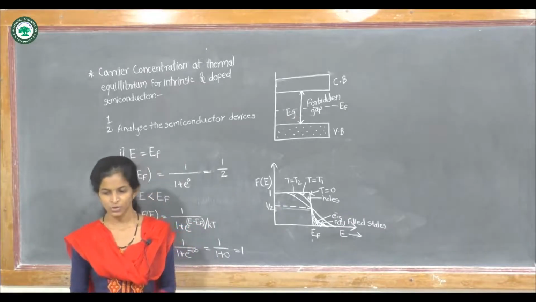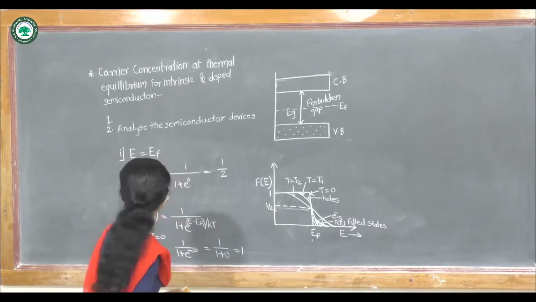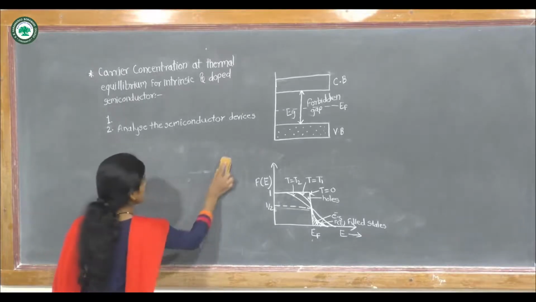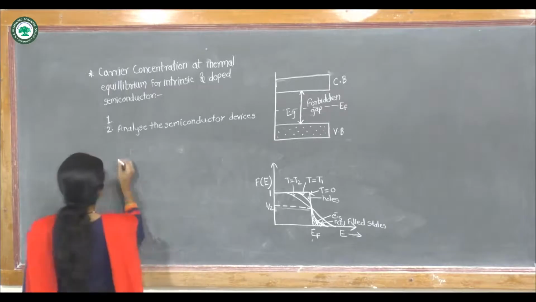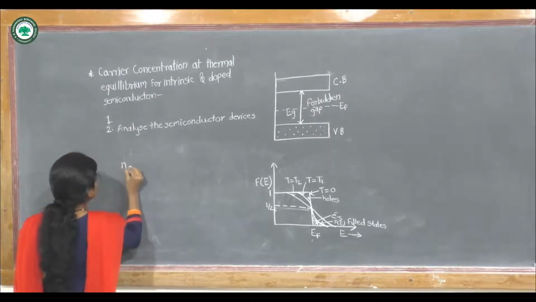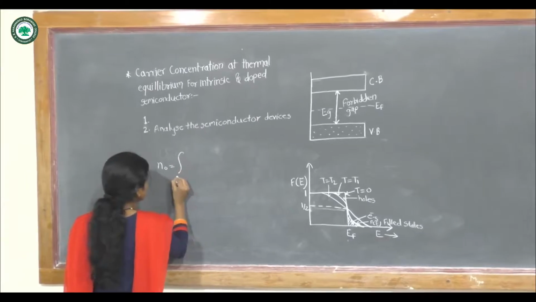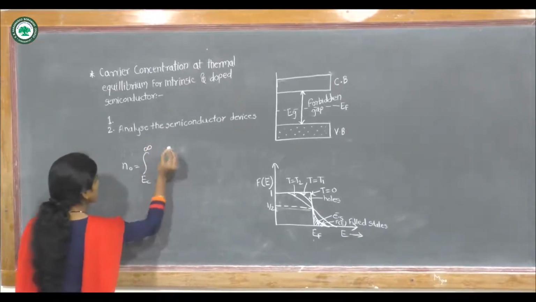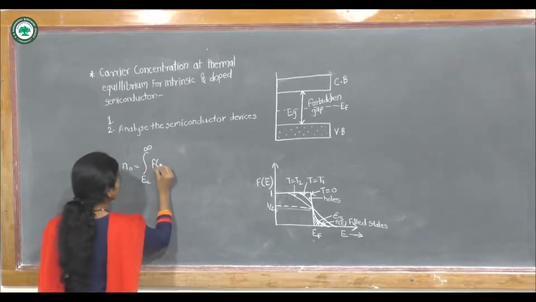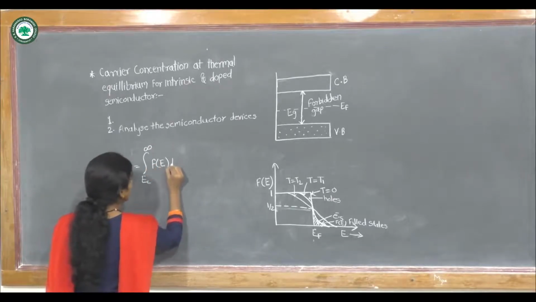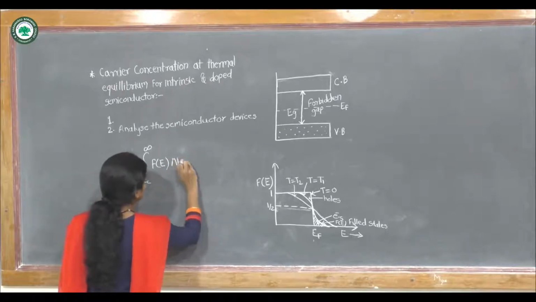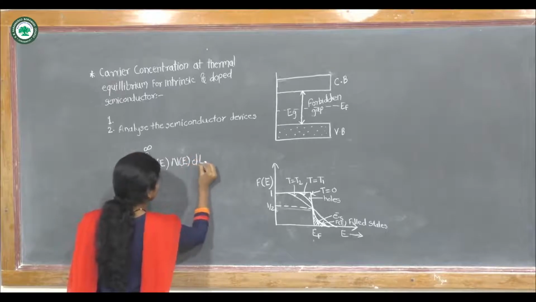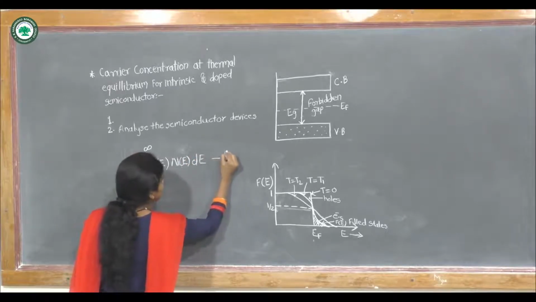The electron concentration in the conduction band is given by n naught equal to the integration over EC to infinity of f of E into N(E) dE. This is equation number 1.